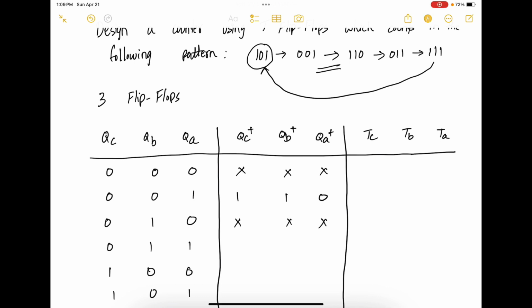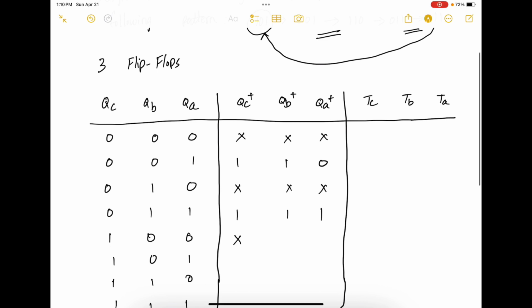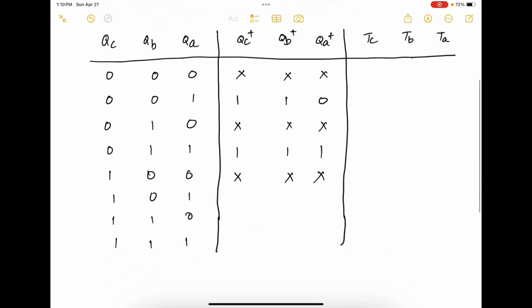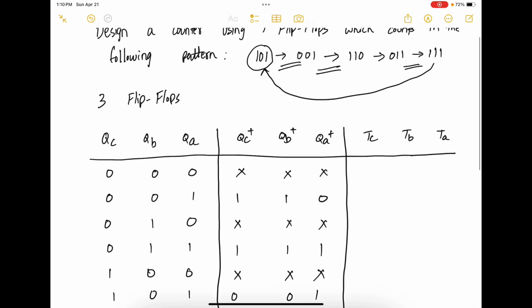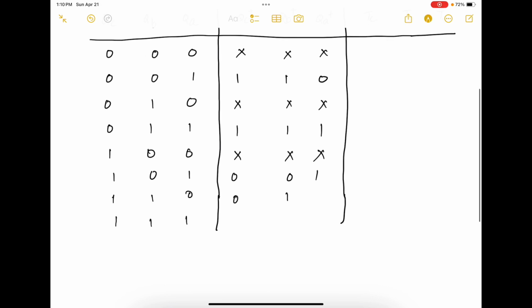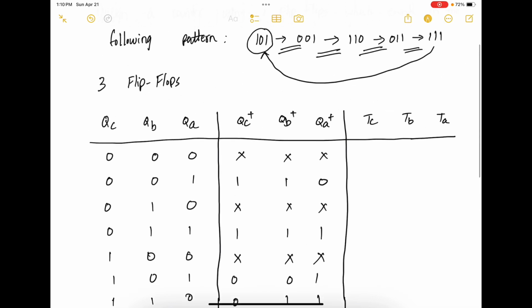When it is 0, 1, 1, the next state is 1, 1, 1. When it is 1, 0, 0, the next state is don't care. When it is 101, the next state is 0, 0, 1. When it is 1, 1, 0, the next state is 0, 1, 1. And finally, when it is 1, 1, 1, the next state is 101.